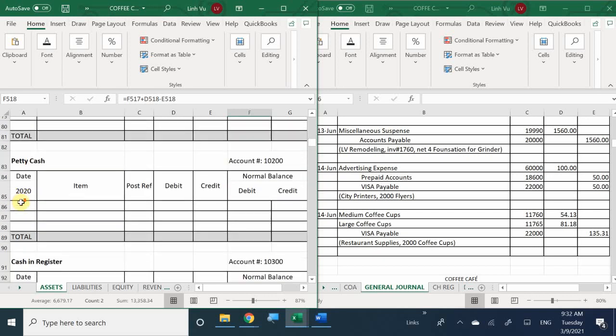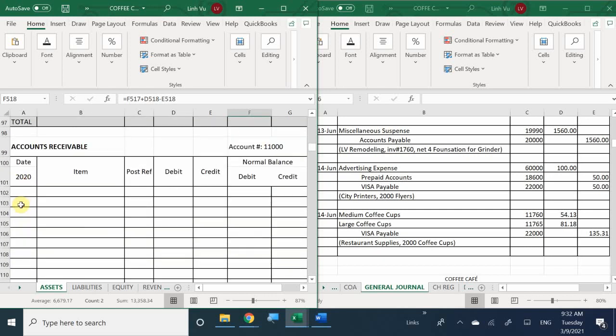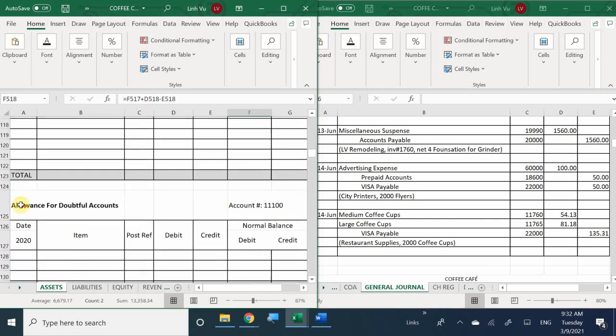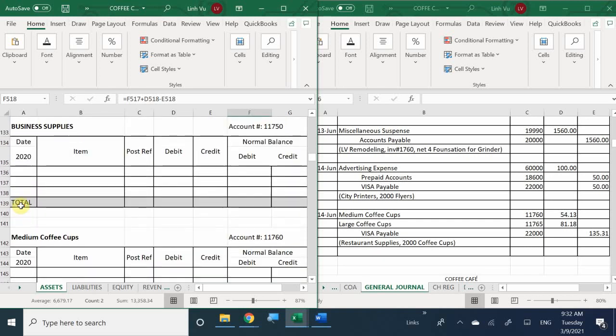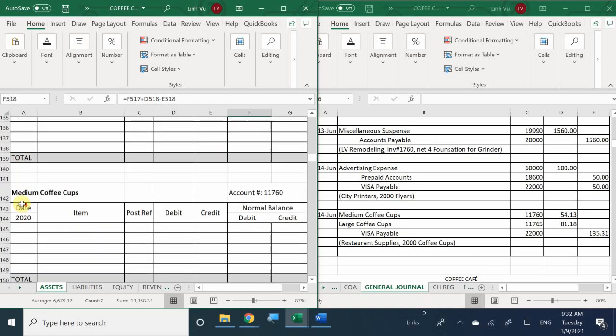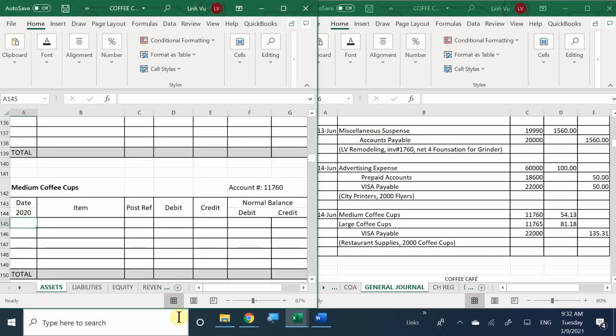So I have accounts receivable. Here we are, business supplies, medium coffee cups. All right, 14. We purchased 1,000 cups. Okay. Post reference general journal number 4.